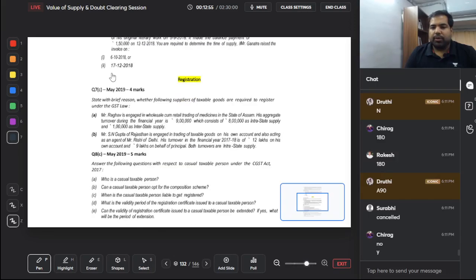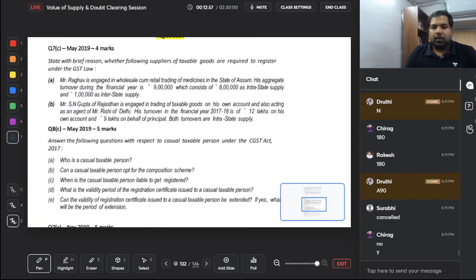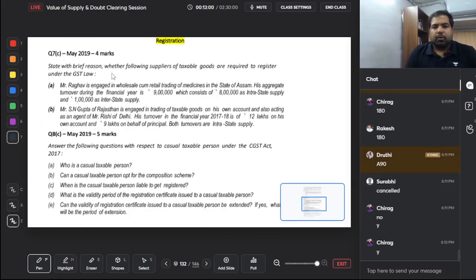Registration chapter, let's do it, guys. 4 marks, question number 7C. State with brief reasons whether the following suppliers of taxable goods are required to register under GST law. Guys, please read the first one.